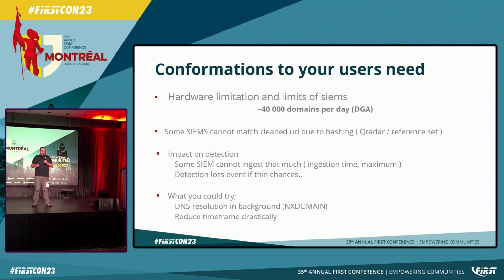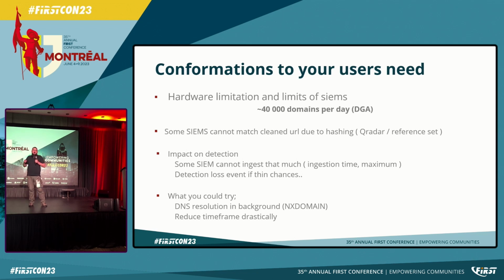You also have a big problem, for example, even if you have a customer that does SSL interception, and the customer does have a QRadar, you are not able to match a URL that you have cleaned. Because when you input your IOCs into a QRadar, you use what is called a reference set, which is a hash list. And if you have a URL with a parameter of your user, it will not be the same as the URL without any parameters.